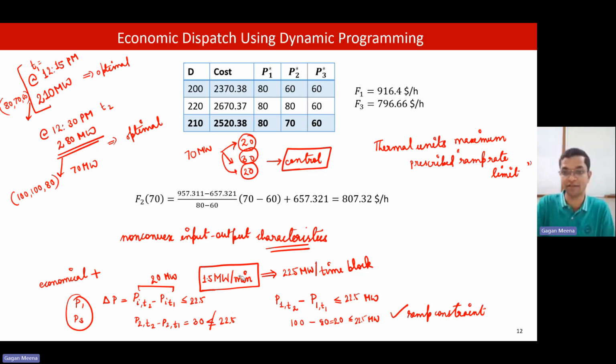So what is the solution? Therefore, I was saying that economic dispatch also needs to be done multi-time step wise, not considering only a single time step, because that way we are violating the technical constraint of the thermal generator.